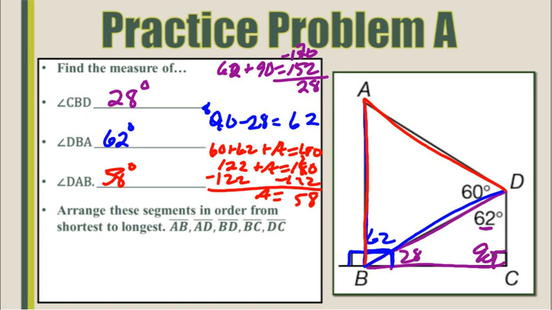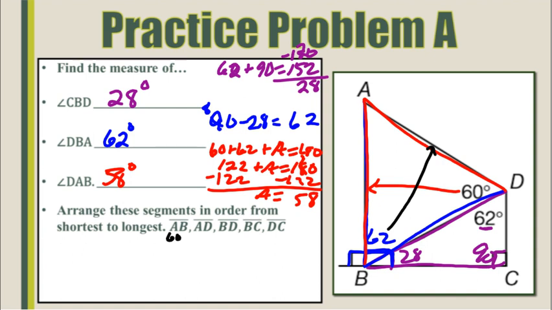So let's look at AB. Directly across is 60. AD, 62. I'm going to put the angle next to it. So AB, this would be 60.